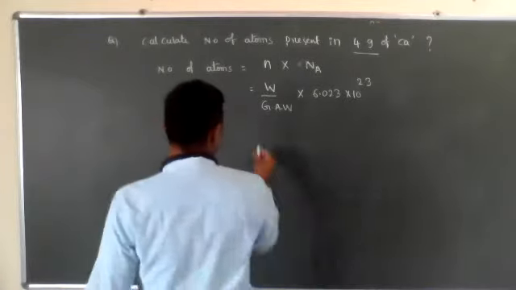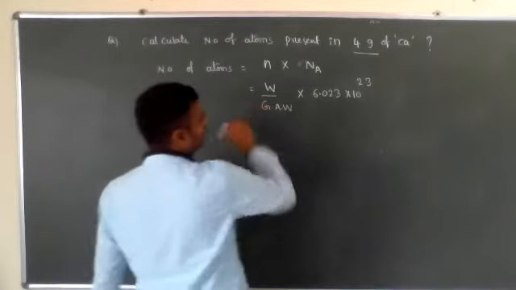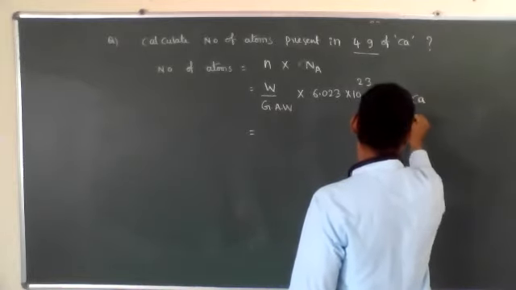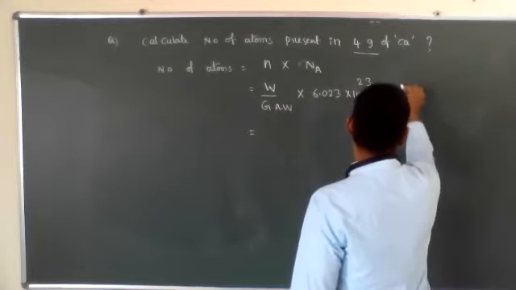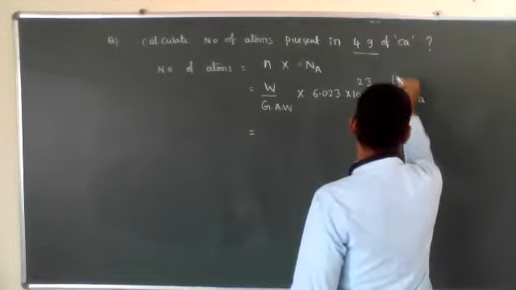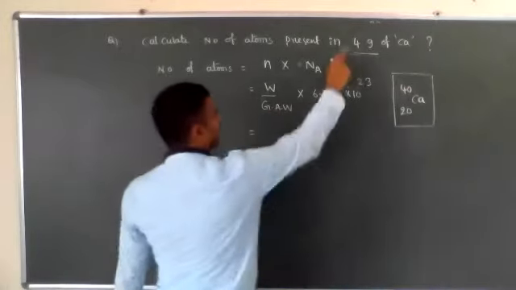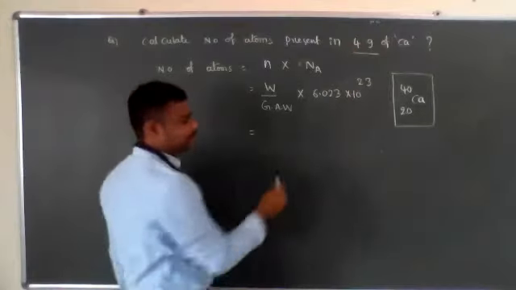Okay, clear, ma? Now, substitute the values. Calcium atomic number is 20, atomic mass is 40. Atomic mass or gram atomic weight is 40. But in the question, how much weight of calcium is given?